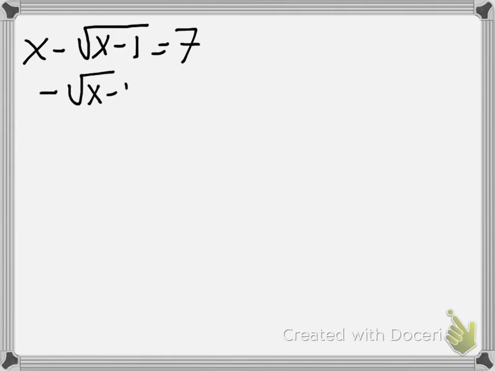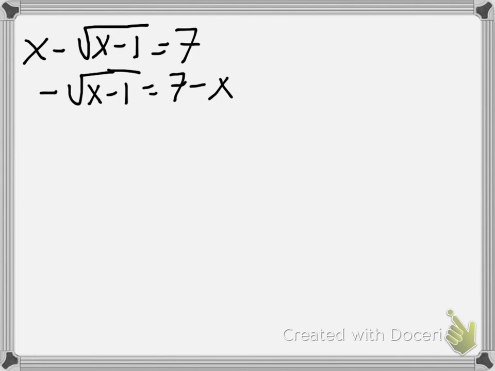Okay, so we have x minus the square root of x minus 1 equals 7. Now, let's go ahead and get rid of the x. So I'm going to have negative the square root of x minus 1 equals 7 minus x.